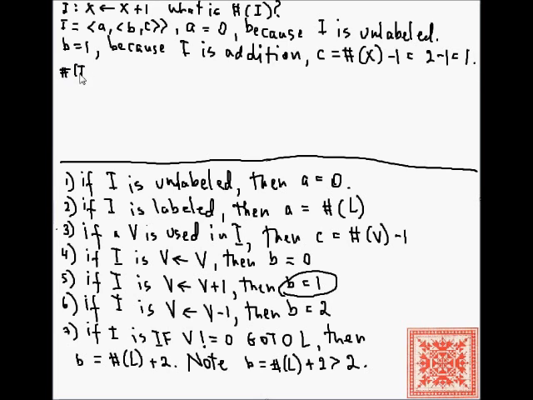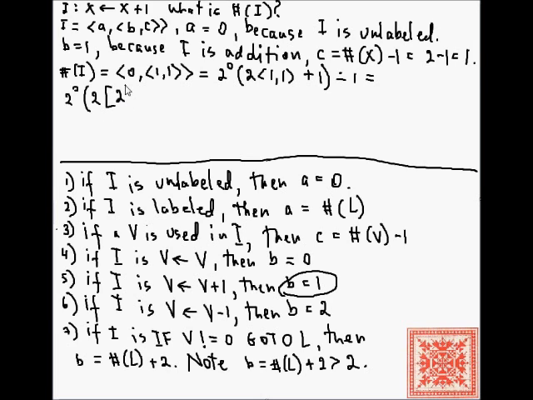So that instruction is encoded, or mapped, into the integer which is the pair of 0 and the pair of 1, 1. Let's work it out. It's 2 to the 0 times 2 times the value of this pair, plus 1, and then dot minus 1. This is the formula. Let me use the square brackets to compute the value of the pair 1, 1.